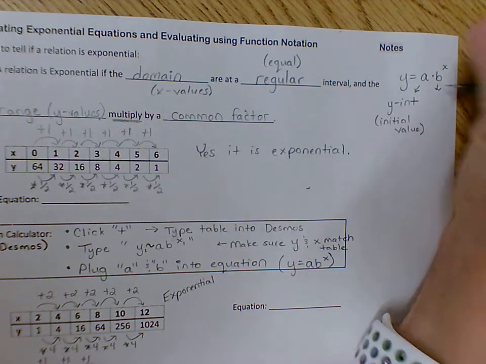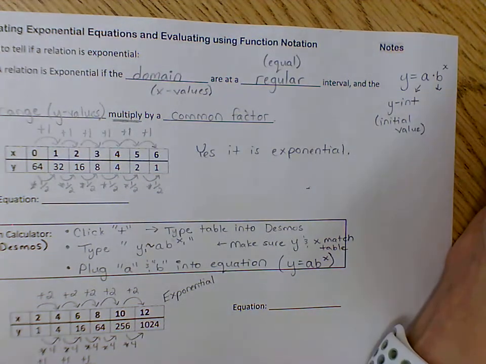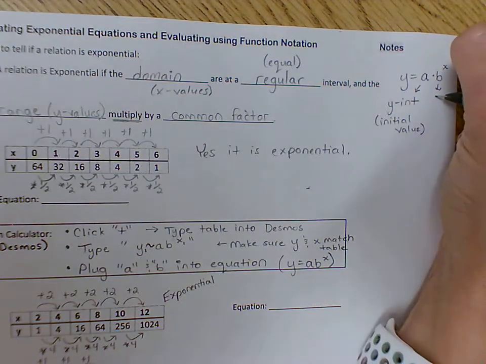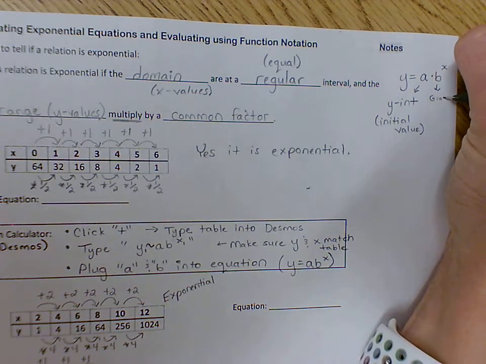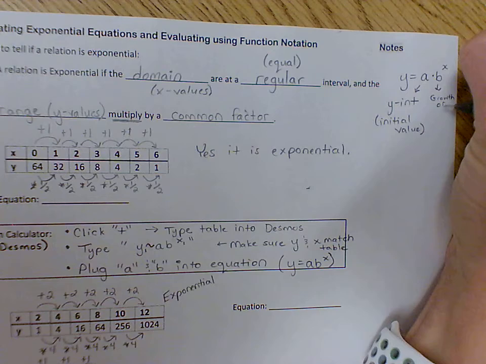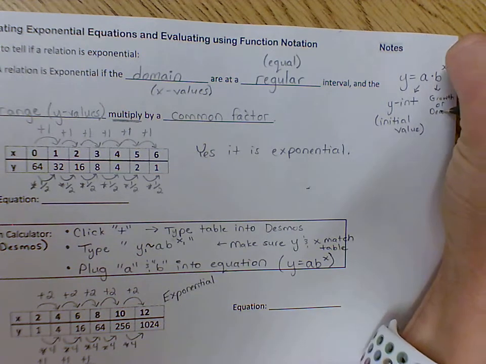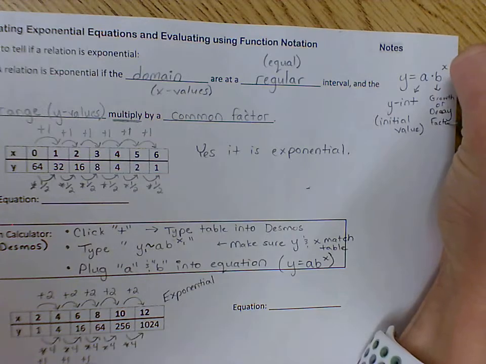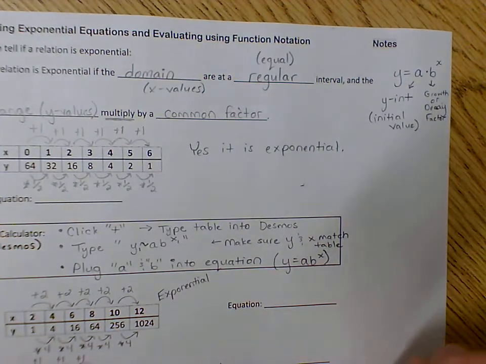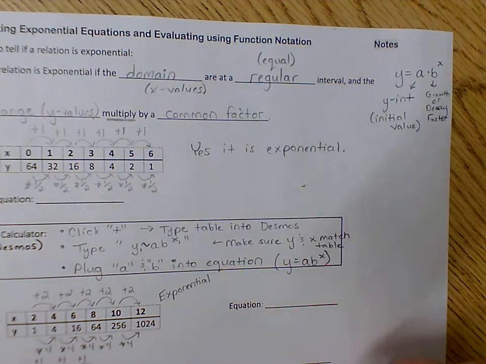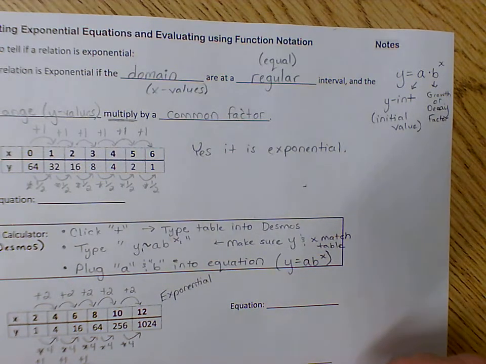It's what you're multiplying by to go from one to the next. So it's your growth or decay factor. All right. So those two concepts will come into play when you're trying to find the equation from your table.